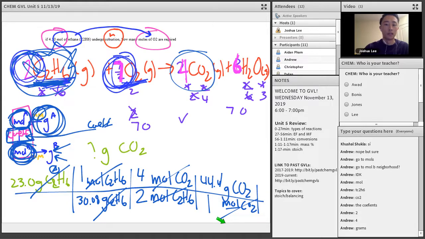Anyone still here? Correct answer is, more numbers than I need, is 67.302 dot dot dot, 3 sig figs, 67.3 grams of CO2.